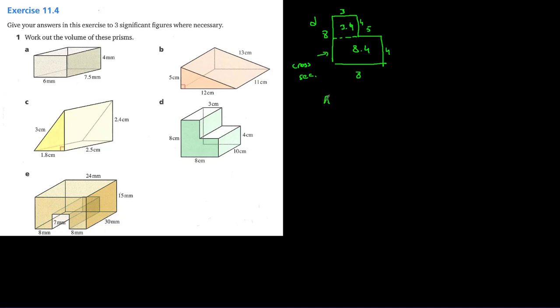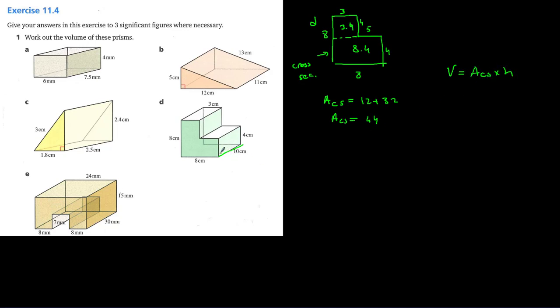So the area of the cross section, CS, is equal to 12 plus 4 times 8, which is 32, so it's going to be equal to 44. Then we are going to find the volume. Volume is equal to area of cross section times height.